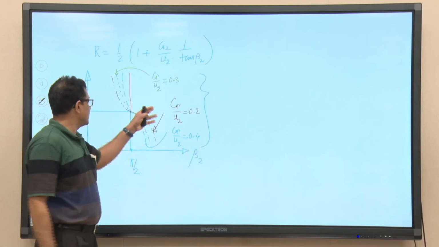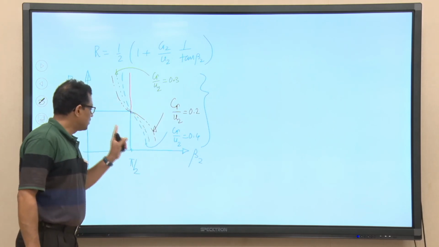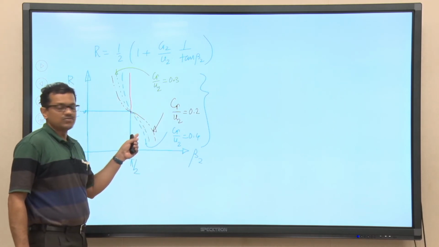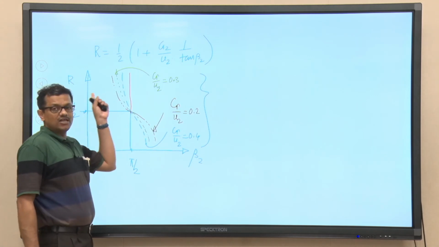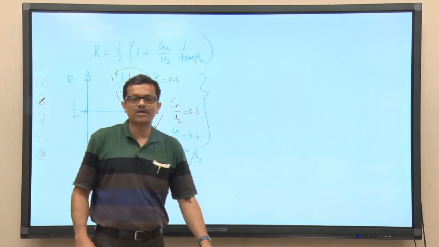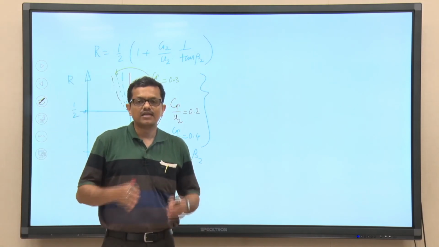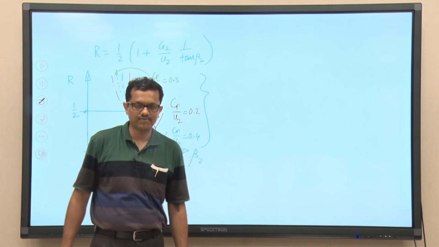So, knowing the ratio of CR2 by U2, if we vary beta 2, we will be getting R, or if we know the degree of reaction, because our objective is to know degree of reaction, from there we will be able to tell the relative magnitude of static and total pressure rise from the definition itself, right.